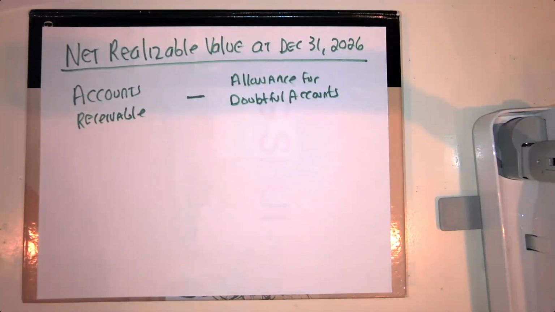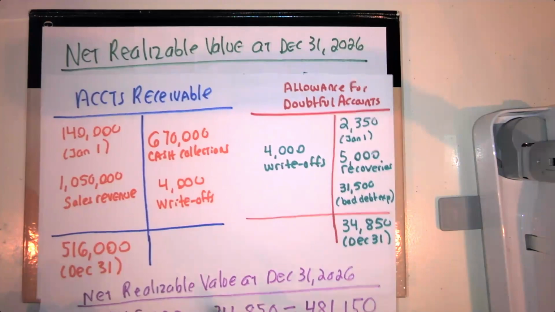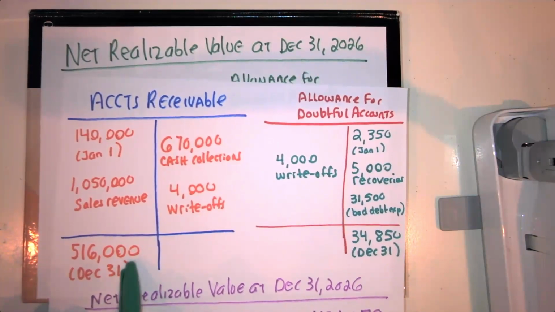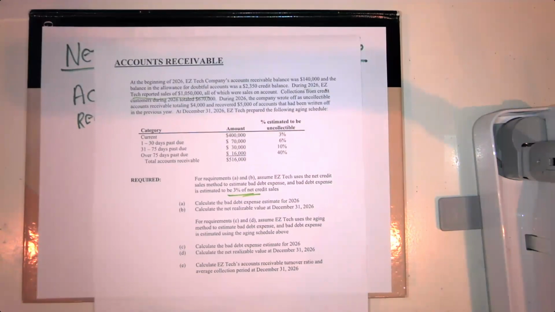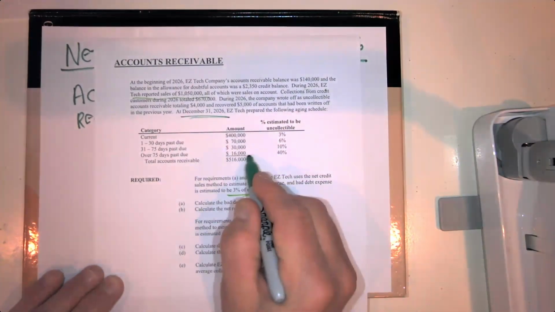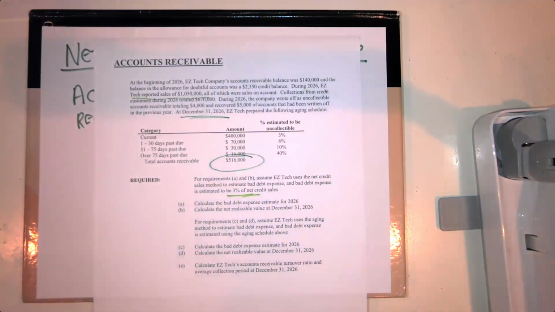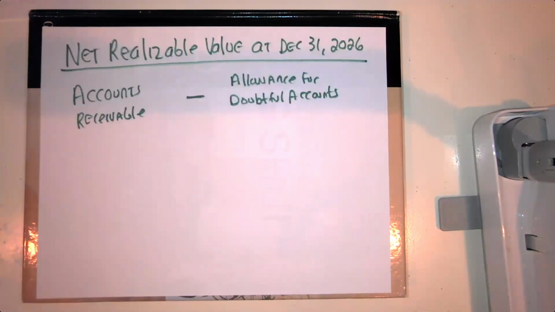And we already know. We did a T account earlier this evening, and we calculated our accounts receivable at December 31, 516,000. They also told us in the aging schedule, right? At December 31st, total accounts receivable, 516,000.